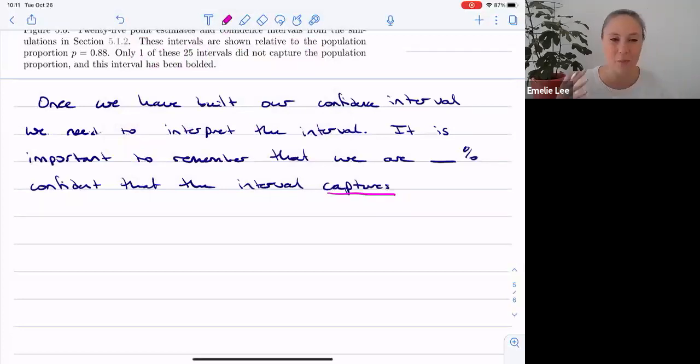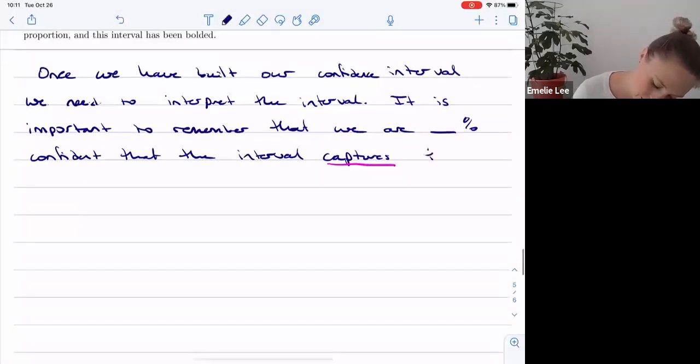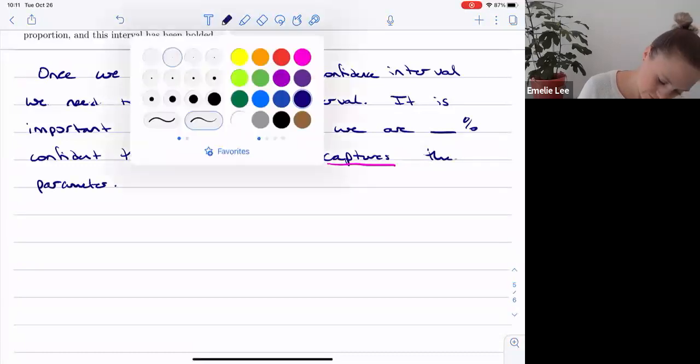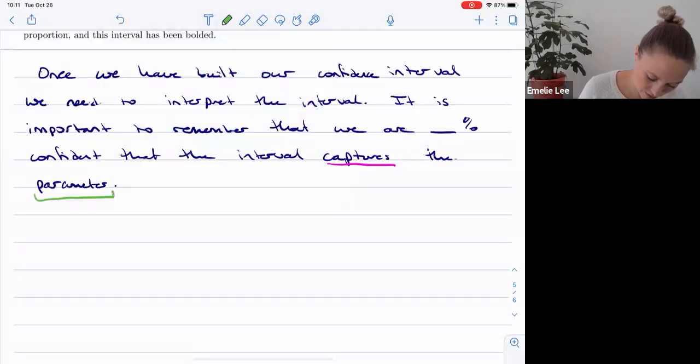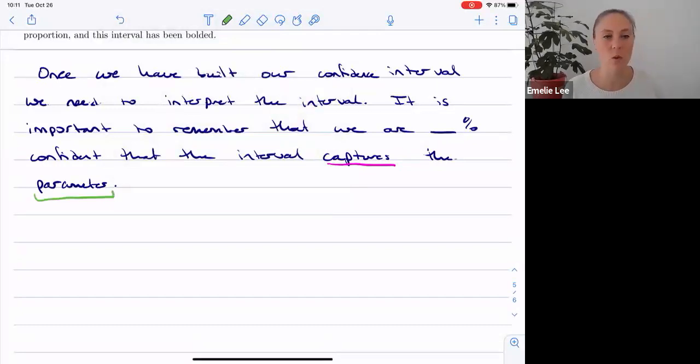That idea of capturing the parameter is the most important part. So we're 95% confident that the interval captures the parameter. Just as a reminder, the parameter is a measurement from the population.